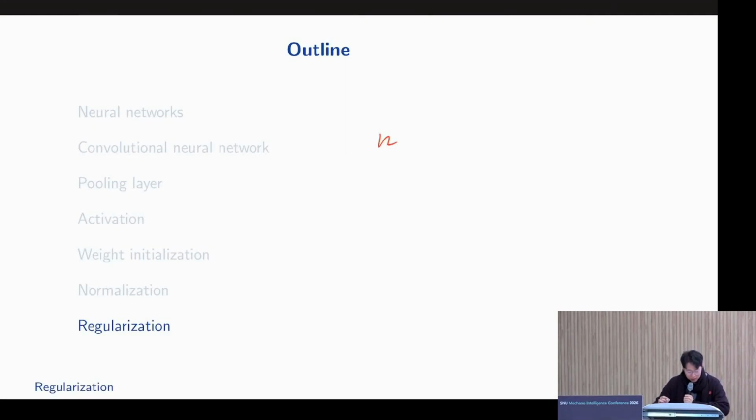Okay, let's pick up from where we left off last time. Last time we talked about how we stack different matrix multipliers and form a multi-layer perceptron. And then we talked about convolutional neural networks.